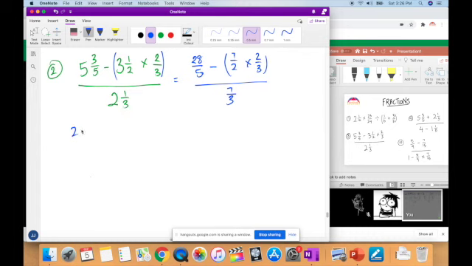So 28 over 5, minus, in the brackets here, 2 3s are 6, 7 2s are 14. And that is divided by 7 and 3. So now what do we do? What should we do now?